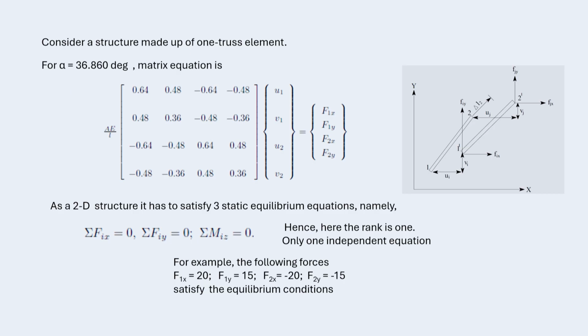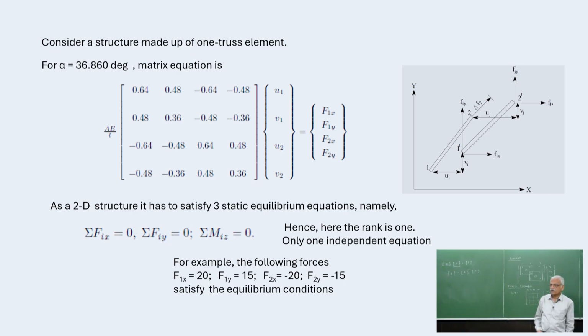So what it says is that the components f1x, f1y, f2x, f2y are not completely independent. If this problem is coming from a static structural analysis, these forces cannot be anything and they have to follow or satisfy these static equilibrium equations. There can be any set.